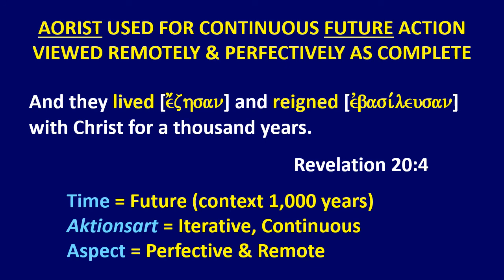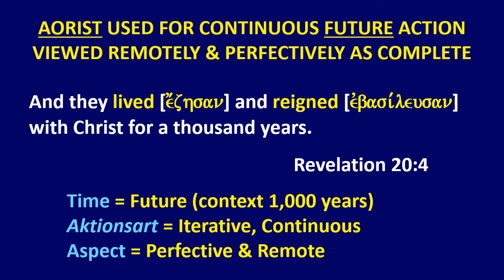That's for sure. Now, when it comes to action sart, again, this is an action. Living and reigning is something that's repeated, it's continuous, it's iterative, and therefore it's not something that's punctiliar or momentary or instantaneous. This is referring to ongoing action.